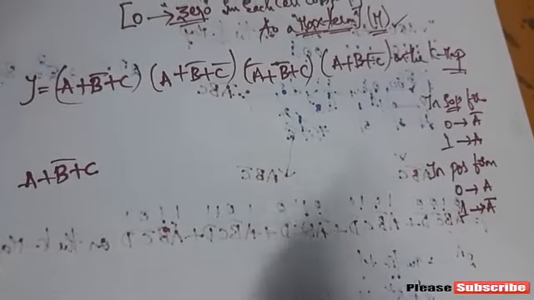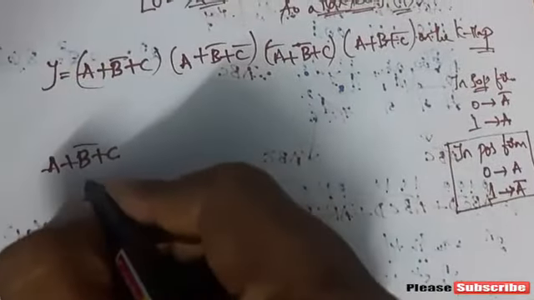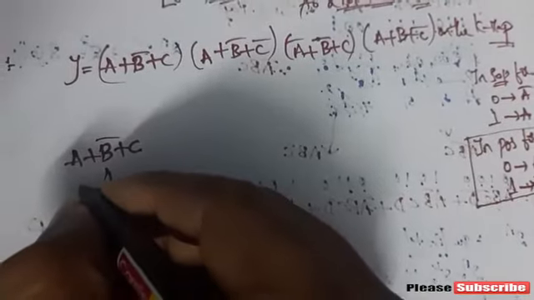Next we'll see A plus B bar plus C. This will be in POS form. A bar will be the 1, normal terms will be the 0, so 0 1 0.